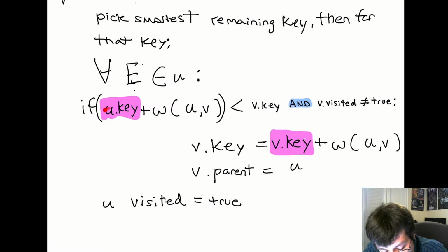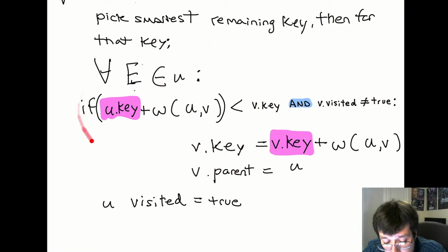If the weight of the key of U, so that vertex that you're coming out of, plus the weight of that edge that you're looking at from U to V, if that value added together is less than what is currently set on the V key, and that vertex you're looking at is not visited, then update it.